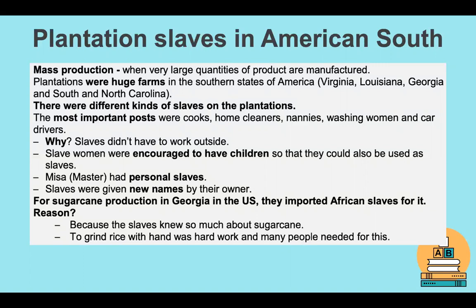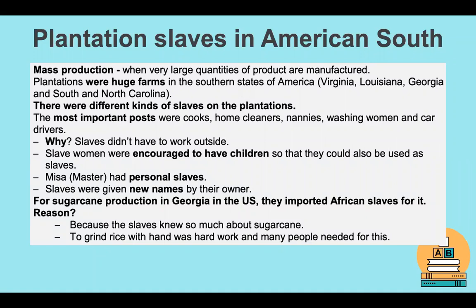Plantations were huge farms in the southern states of America, so refer to Virginia, Louisiana, Georgia, and South and North Carolina. There were different kinds of slaves on the plantations. The most important slaves were cooks, home cleaners, nannies, washing women, and car drivers. Now, why did we have all these different ones?